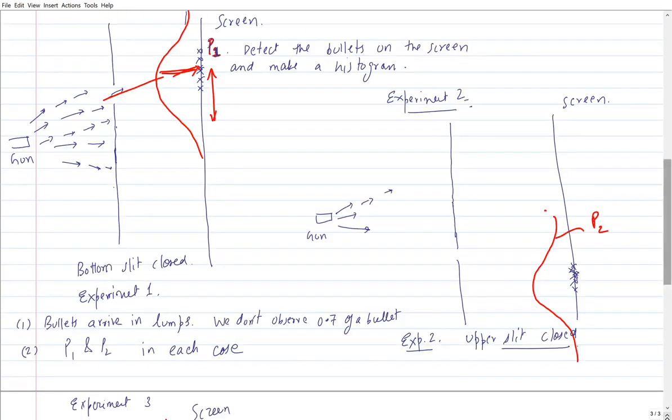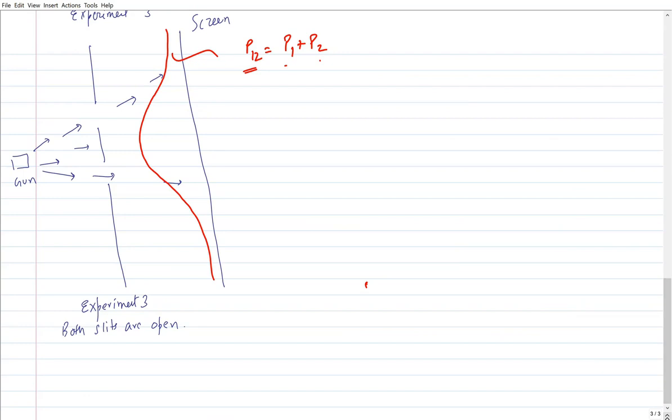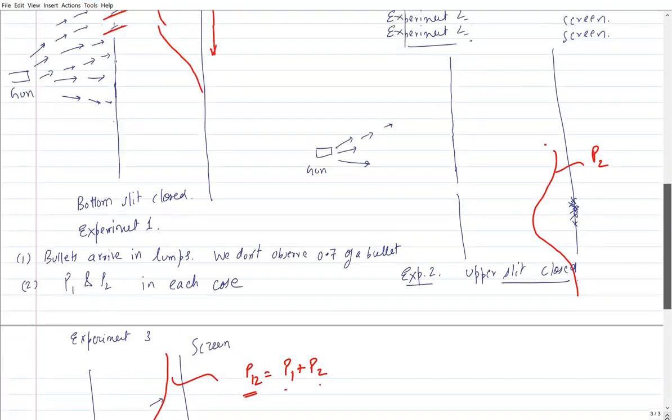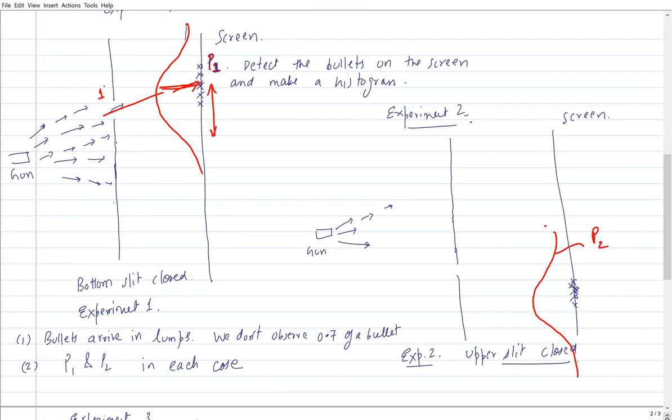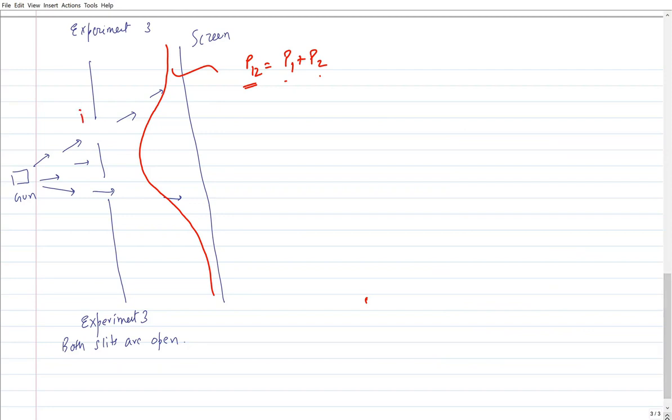Remember, P1 was the probability distribution when slit 1 was open. Let me name the slits as slit 1, slit 2. So the probability distribution what I get is, this was P1 and I had a similar sort of P2.